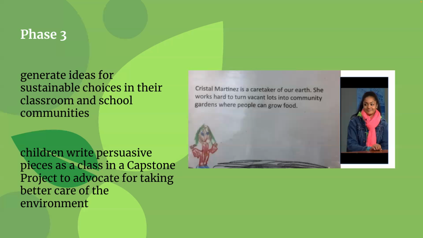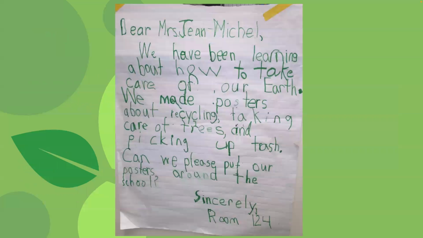So that will all unfold during the writing portion of the curriculum. So here's one example of a persuasive piece that a class wrote to their principal about recycling, taking care of trees, and picking up trash. I'll give you a moment to read it.